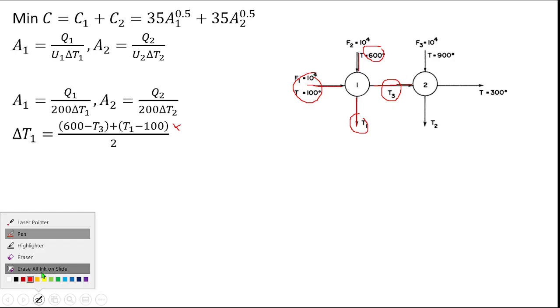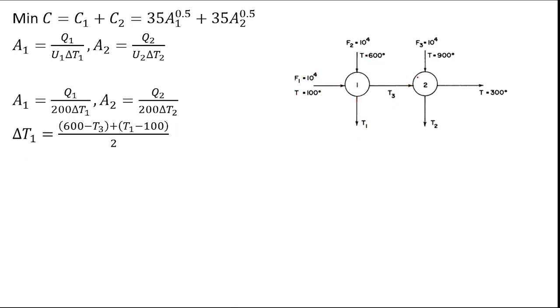Now let's do it for heat exchanger 2. So before I even display it, let's look at it. We said it's going to be in for hot minus out for cold. This is the hot stream coming down this way. That's the hot stream. And then the cold stream is coming this way. So the in for hot is coming in from here, right? And then the out for cold is coming out from here. So we will have 900 minus 300.